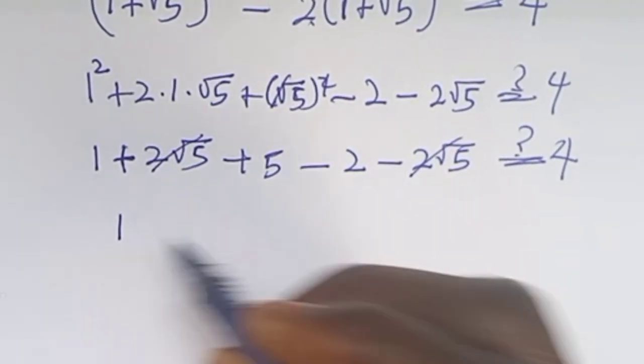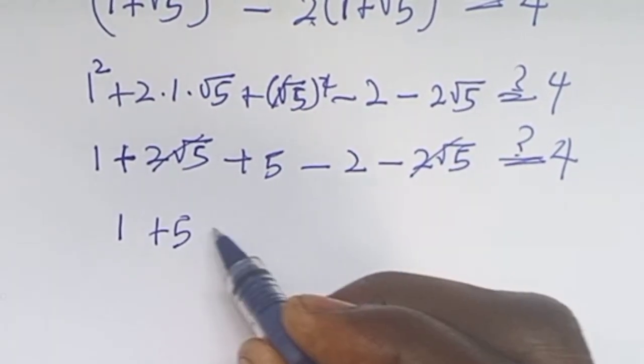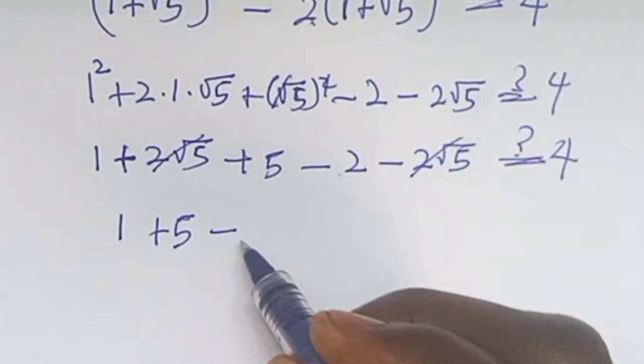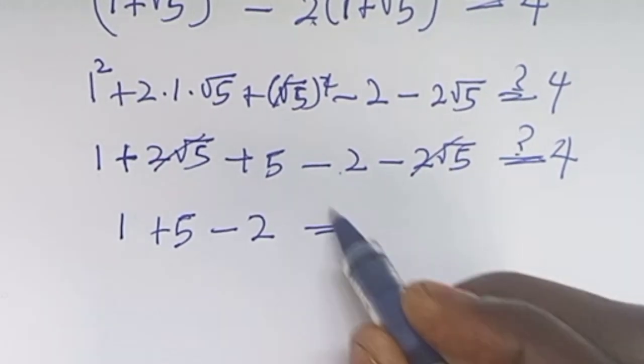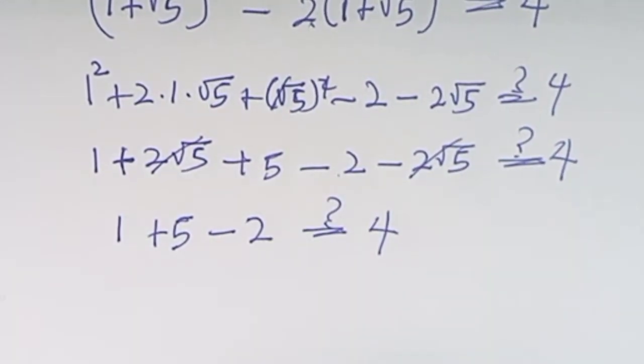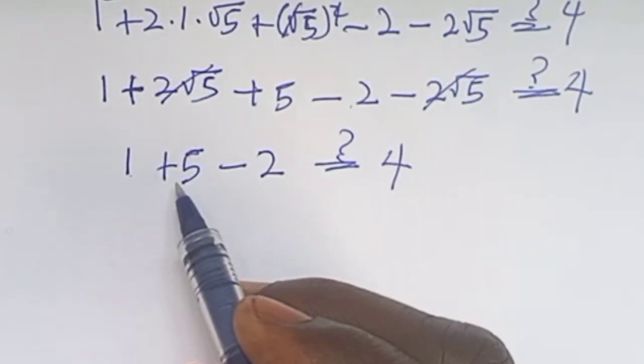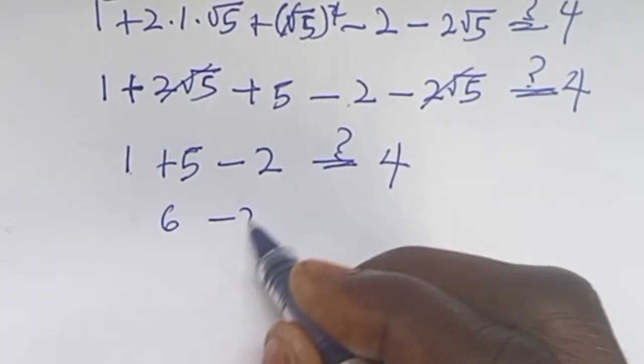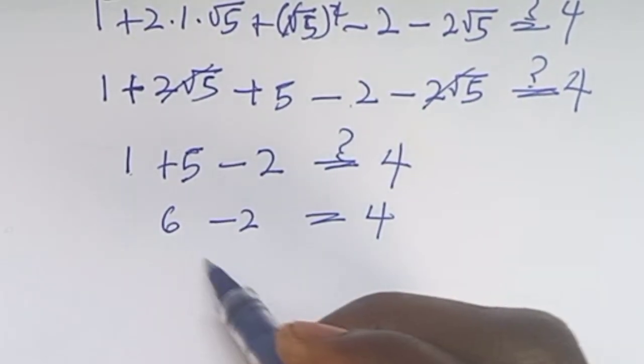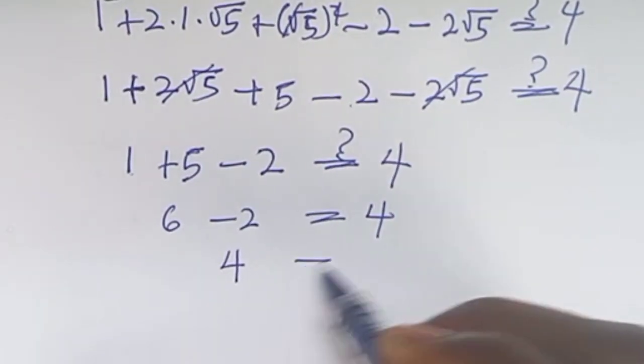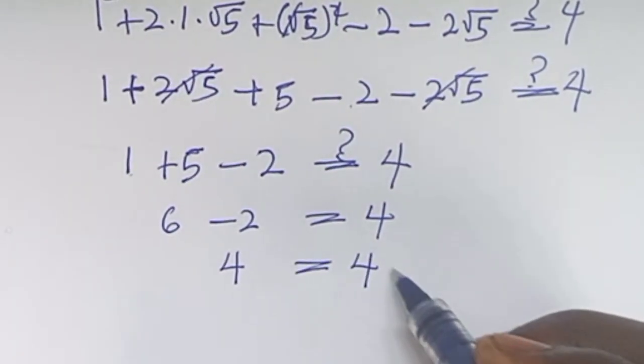What is left is 1 plus 5 minus 2. Can this be equal to 4? So 1 plus 5, that is 6, minus 2. And 6 minus 2, this is 4, is equal to 4.